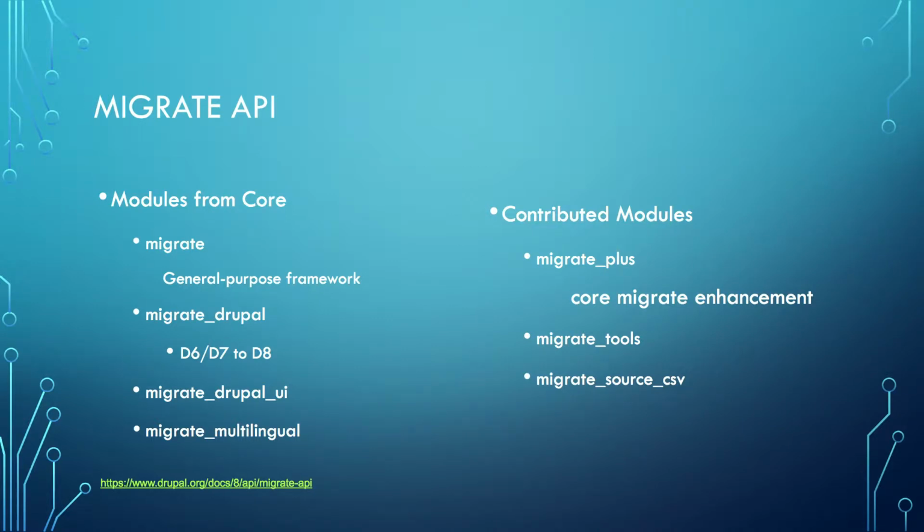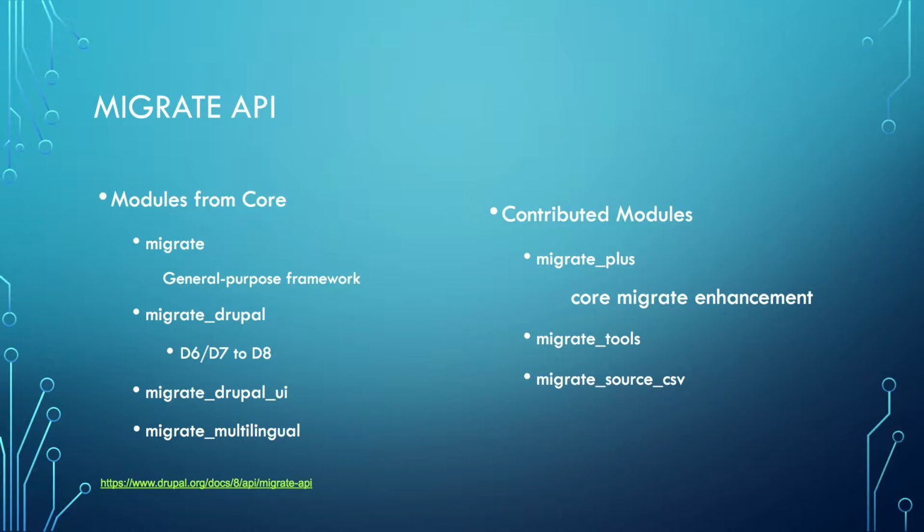Migrate Drupal UI gives you a better GUI for the migration process. And the last one is Migrate Multilingual. It's still experimental, not green-lighted yet, but it's there so you can test it. All these core modules for Migrate, you have to enable.